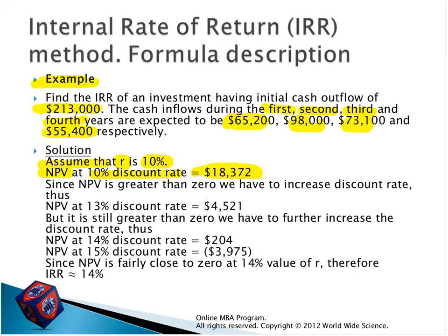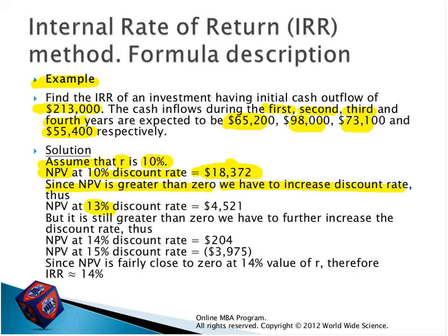It is 18,000. Since the NPV is greater than 0, we have to increase the discount rate. Thus, we are increasing the discount rate to 13%.